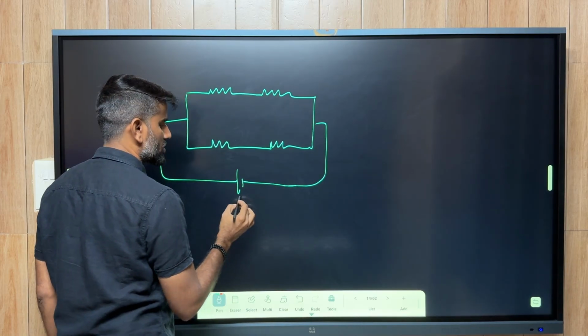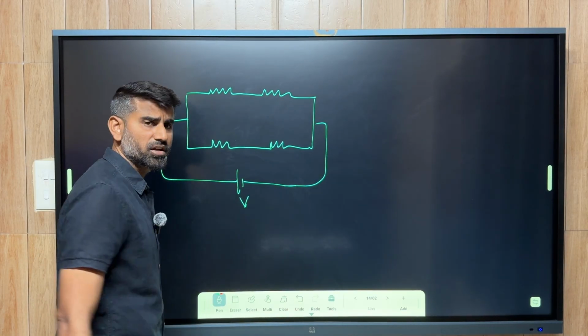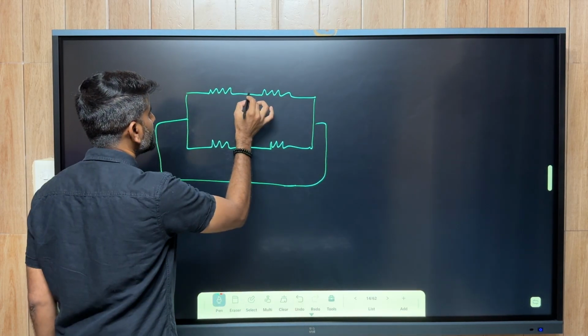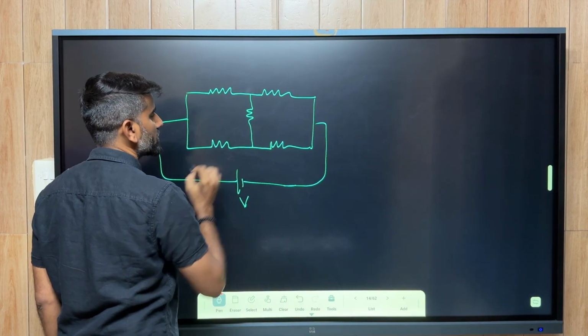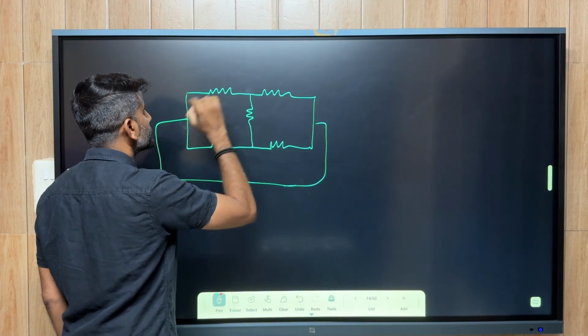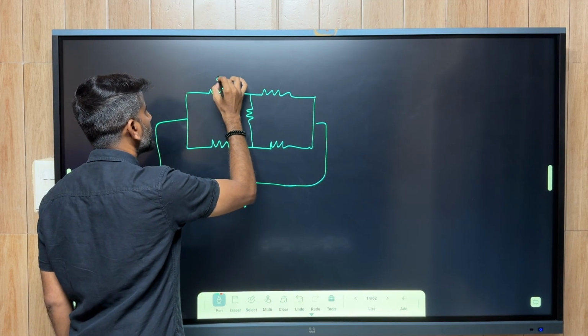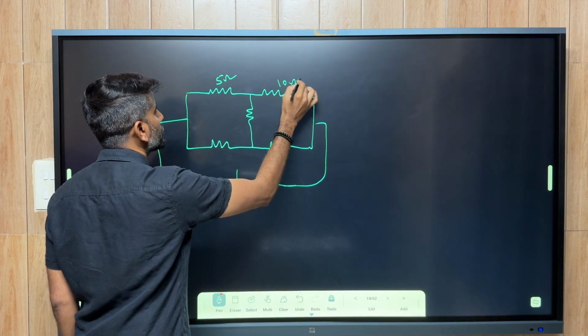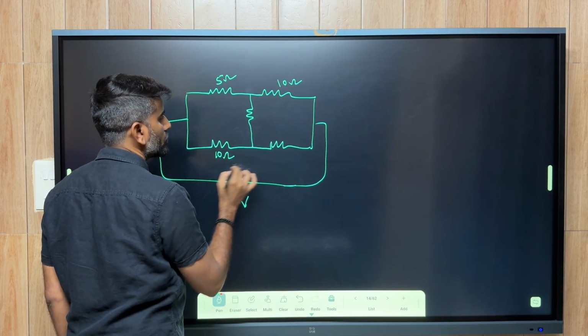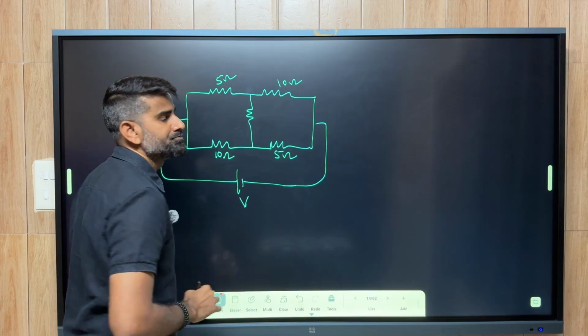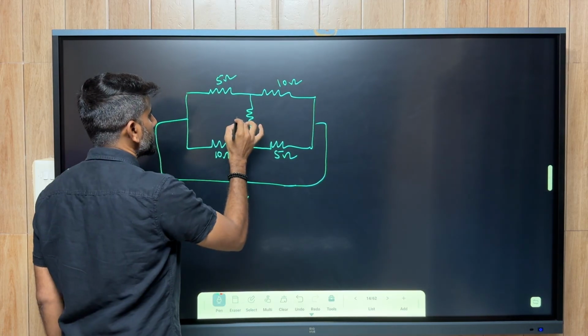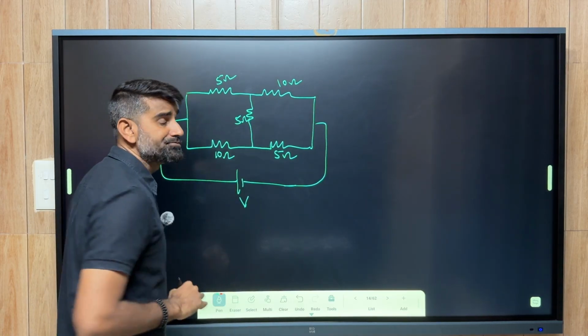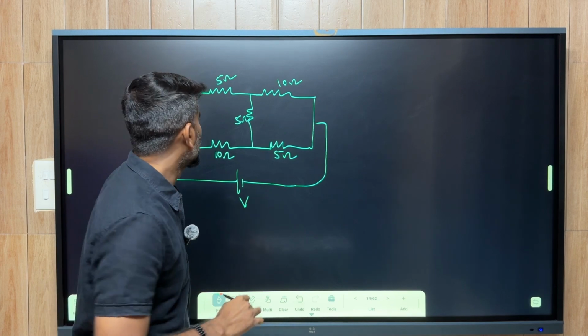I don't care about the potential difference value, whatever I take, I'll get the same answer. And these two branches have been connected with another resistor. I'm taking this as 5 ohms and this as 10 ohms. This is also 10 ohms and this is 5 ohms. And here we have 5 ohms again.